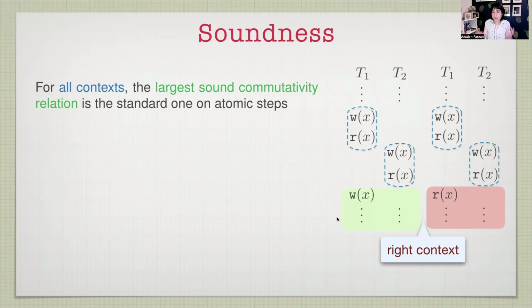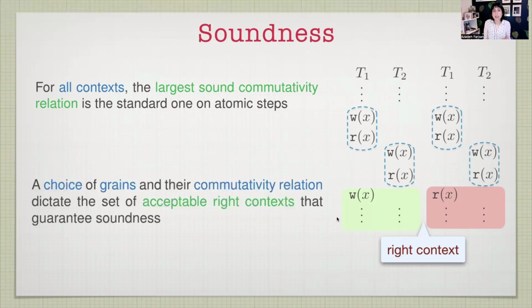What I want is not this, but to be able to say that on the left, they commute, and on the right, they won't commute. And here, I can make a guess, again using non-determinism, that these two grains are going to be right, and they're going to see the appropriate right context.